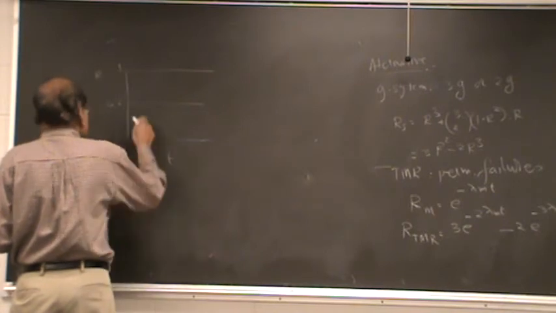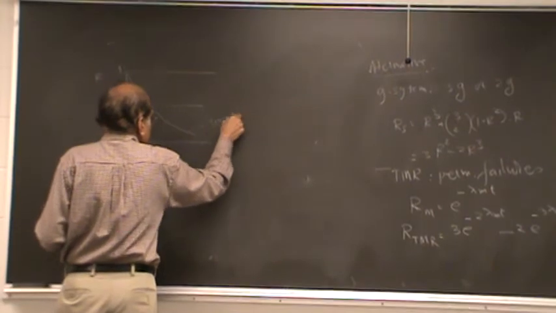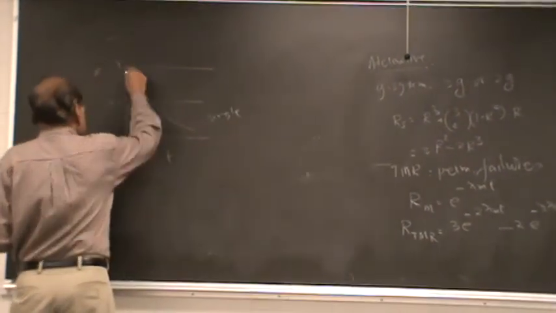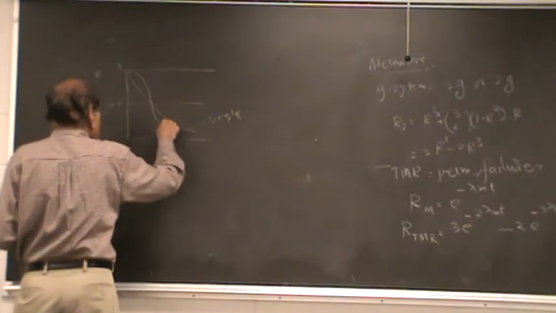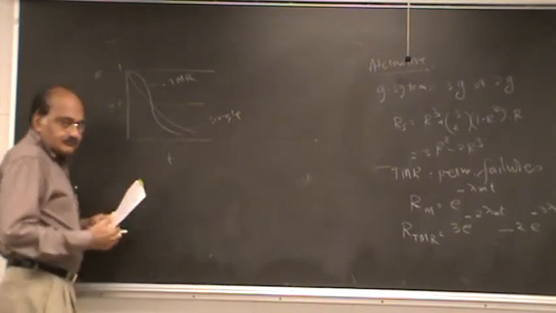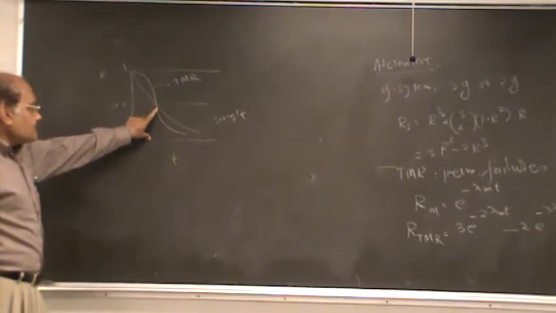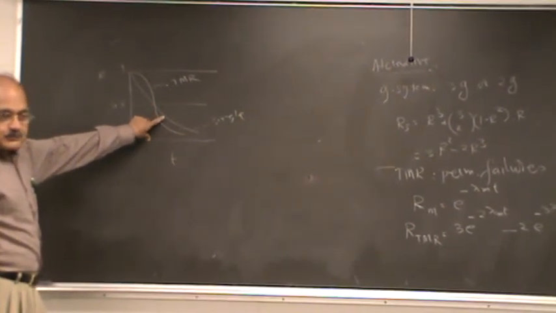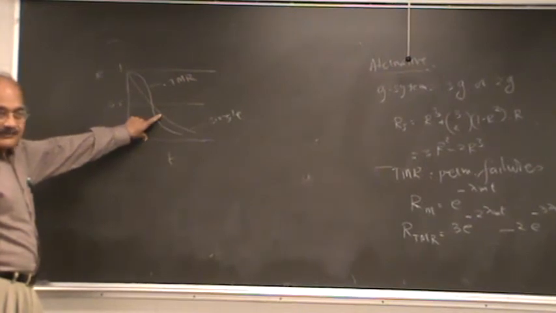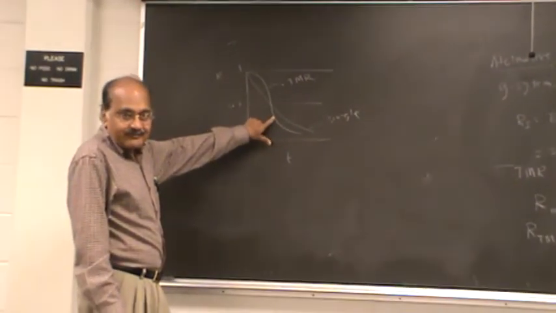Now if you plot the reliability of a single module, this is a single module, and if you plot the reliability of TMR, things will look like this. So notice that when the reliability of an individual module drops below 0.5, it is going to worsen the reliability of TMR, which is based on voting, right?